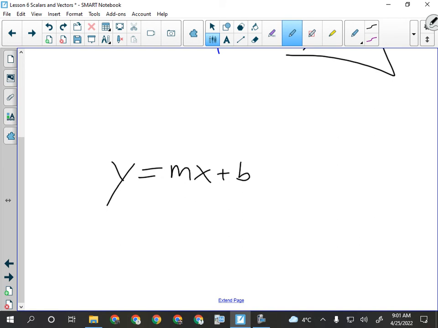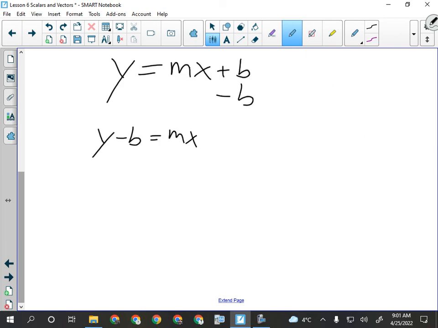I could do that. If I do that, though, I'll be solving for negative b. Here's why. If I subtract b from both sides, we'll be back to this, y minus b equals m times x. If I want to move y now, I'm subtracting, but y is positive, so I would have to move it over by going like this, but that's going to leave a negative there. And that's okay, it'll work, but I have to remember that whatever number I get is the opposite of what I was looking for.